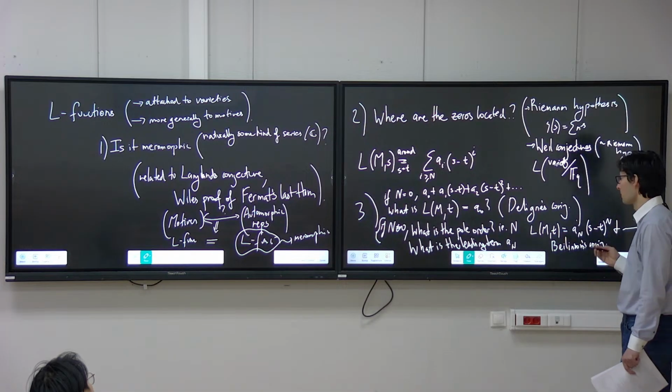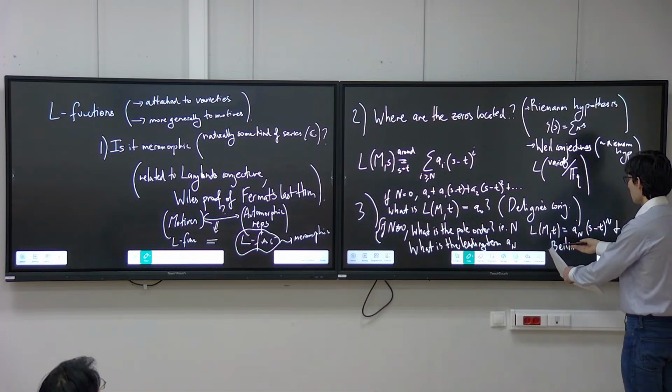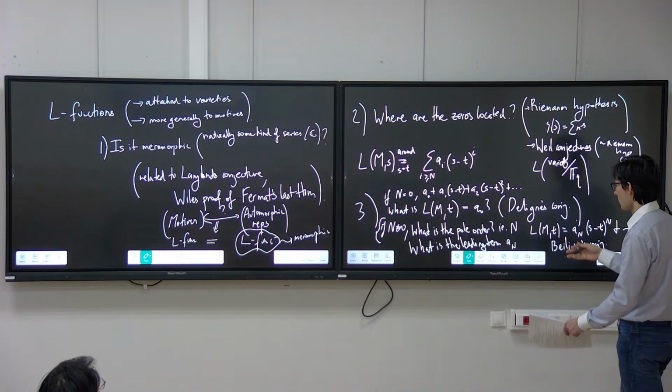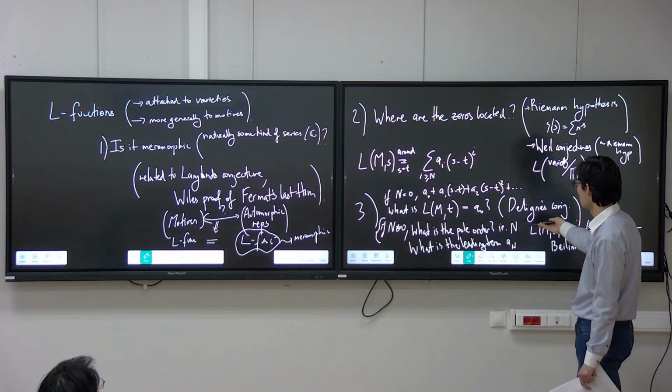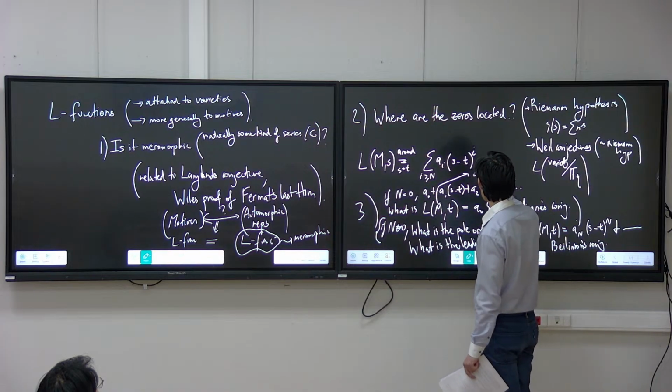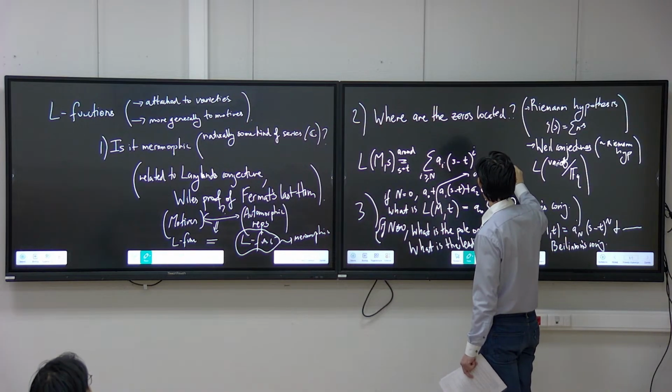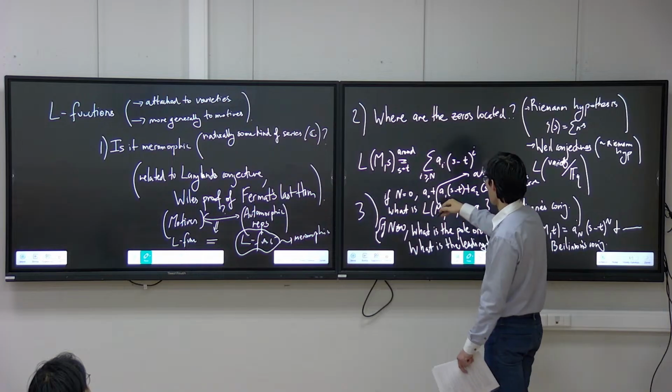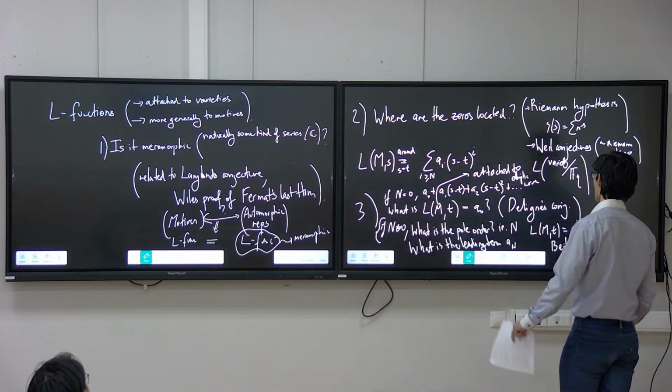Originally, classically, one looked at the elliptic curve case, when M is attached to an elliptic curve, because here M is very general, some motives, very complex.